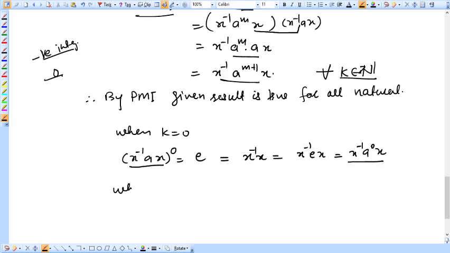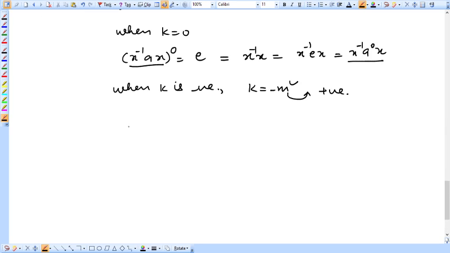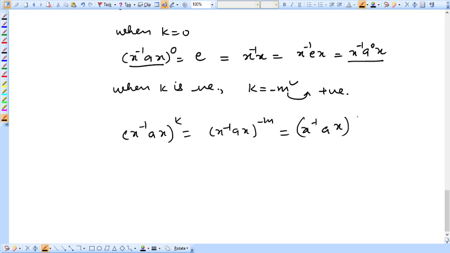Now when k is negative, we can write k is equal to minus m, where m is positive. So in this case, x inverse a x to the power k would be equal to x inverse a x to the power minus m, which is equal to x inverse a x, whole inverse, to the power m. Now use the reversal law.